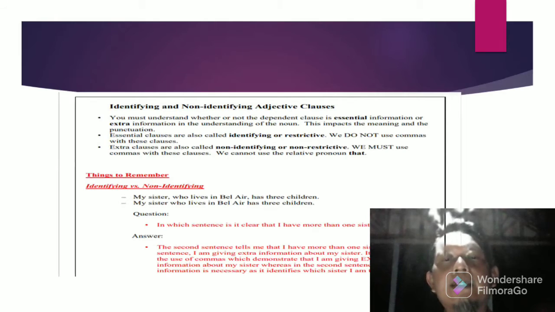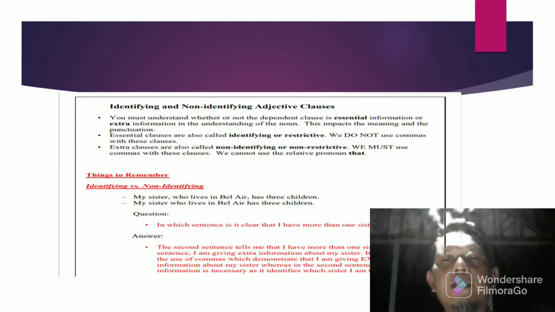Now we come to the identifying adjective clause and then the non-identifying clause. You must understand whether or not the dependent clause is essential information or extra information in understanding the noun. This impacts the meaning and the punctuation.